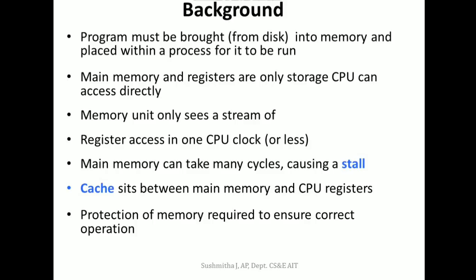Now talking about the execution, with the main memory we also have the CPU and the registers that are involved in the execution. The number of CPU cycles taken by the register and the main memory is a little different.